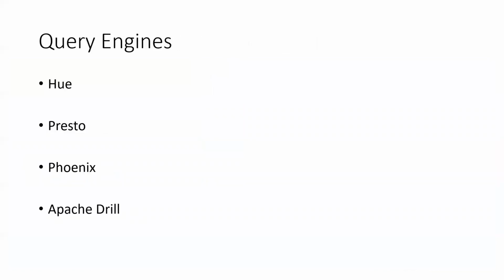And there are also some query engines available, like Hue, Presto. Query engines means, as I was telling earlier, in Pig or in Hive, we can do SQL queries. So we have Hue, Presto, those query engines are available.